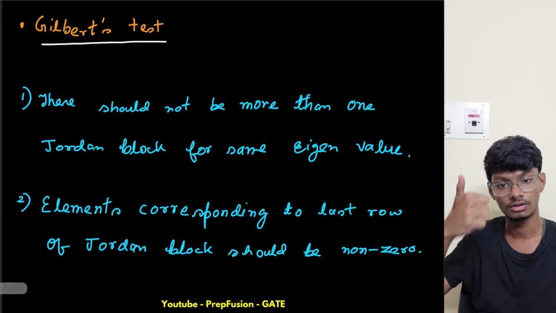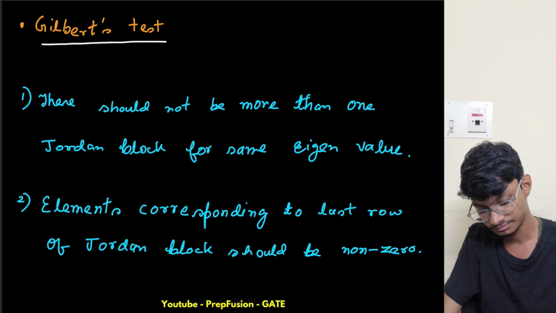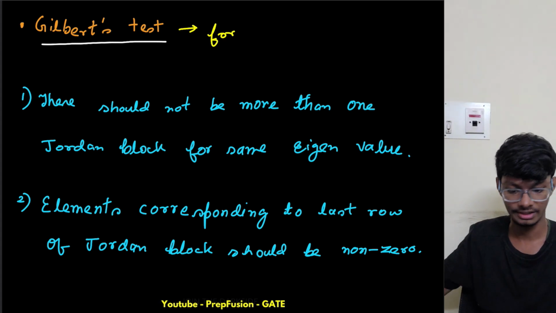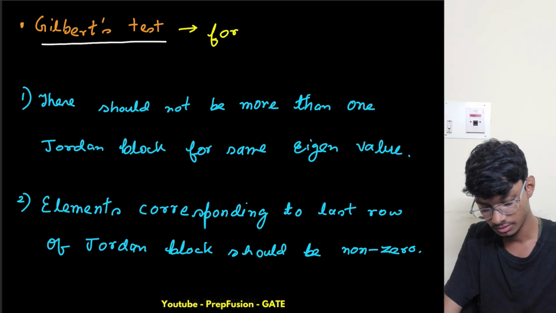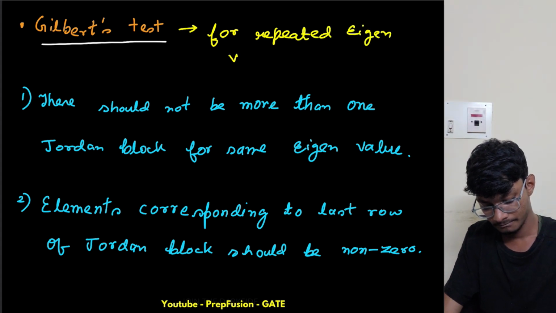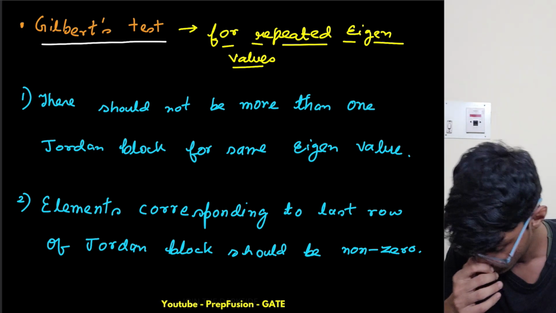So now we'll check Gilbert's test for repeated eigenvalues. The Gilbert's test I used earlier was for non-repeated eigenvalues. Now for repeated eigenvalues, what does this mean?